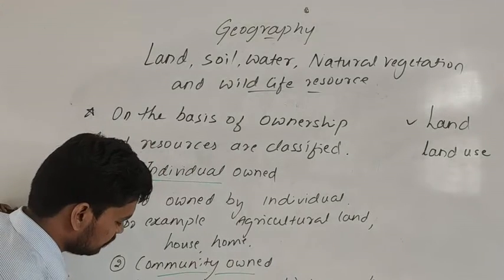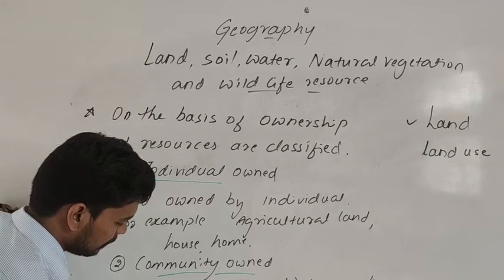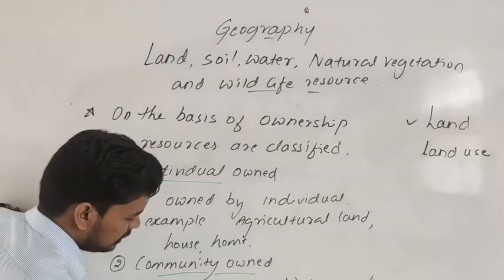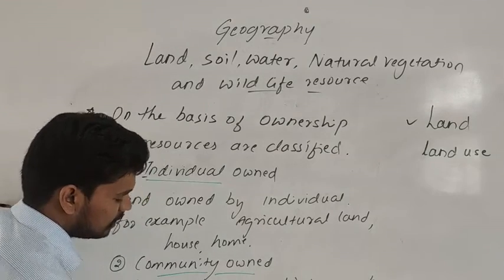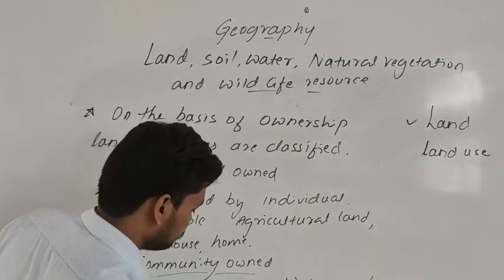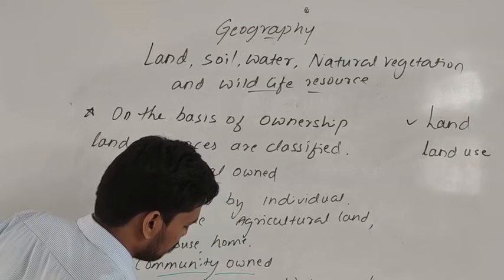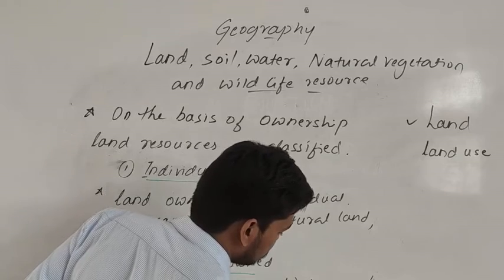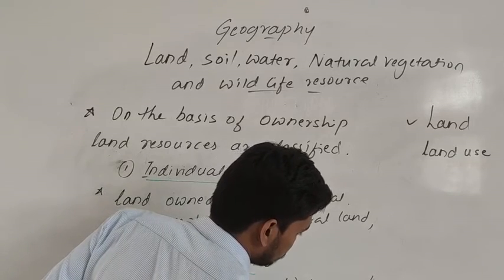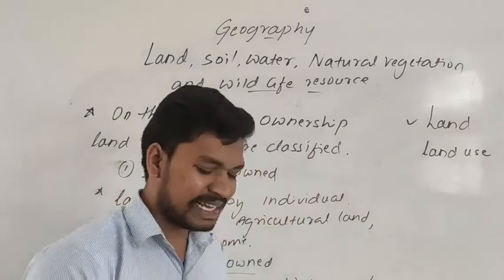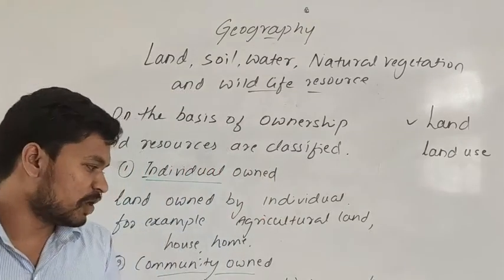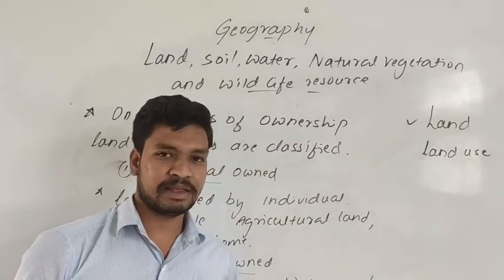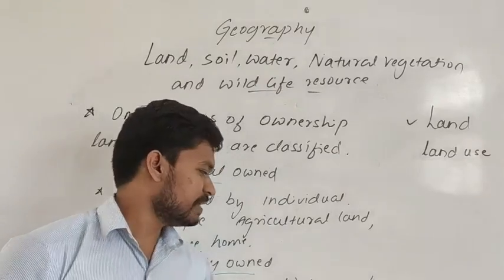For example, grazing land, otherwise playground, and the pasture land like Gomala, grazing land, which belongs to nobody. That means the group of people can make use of that land.